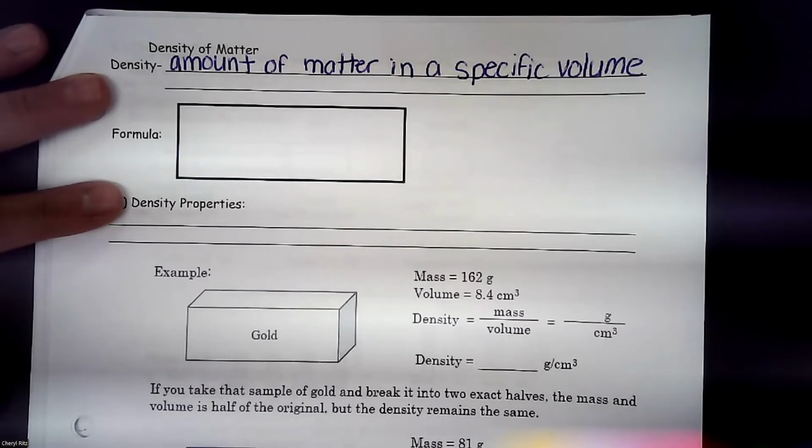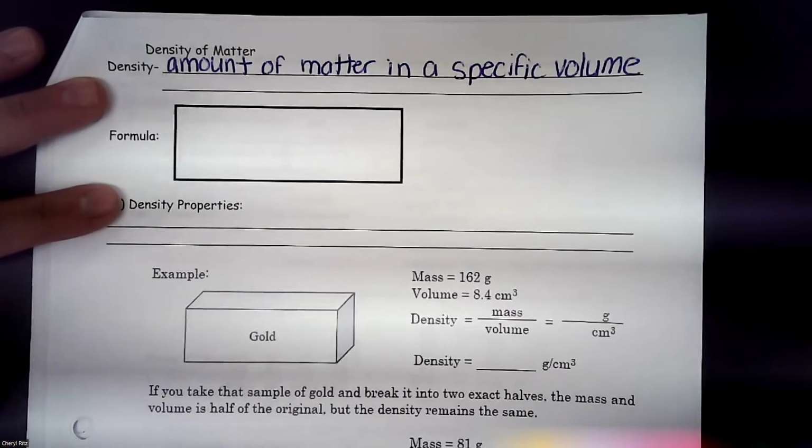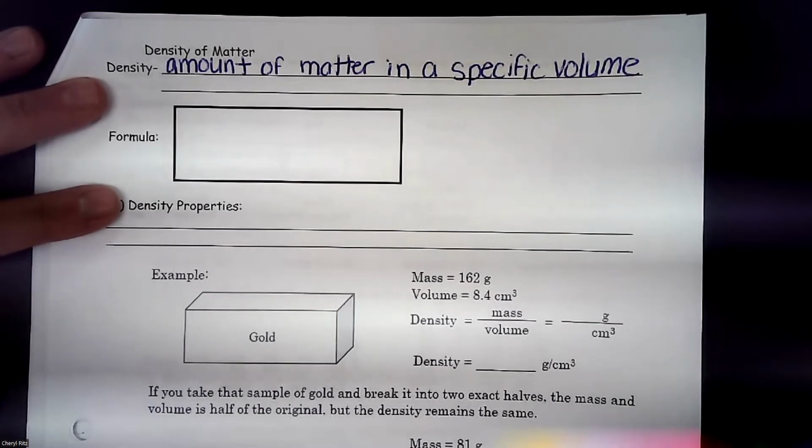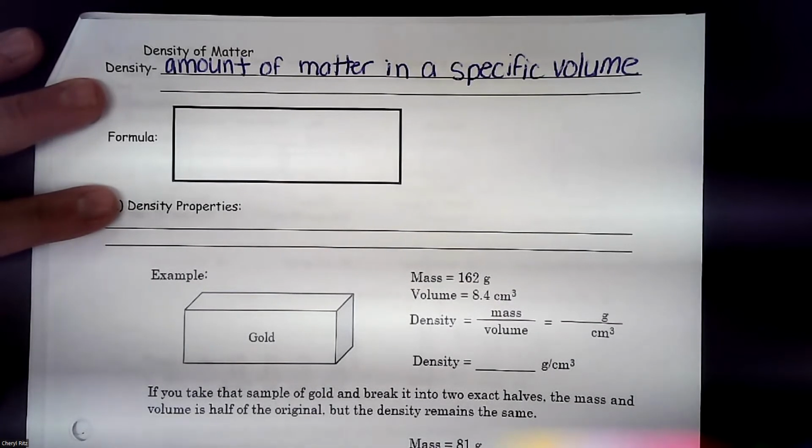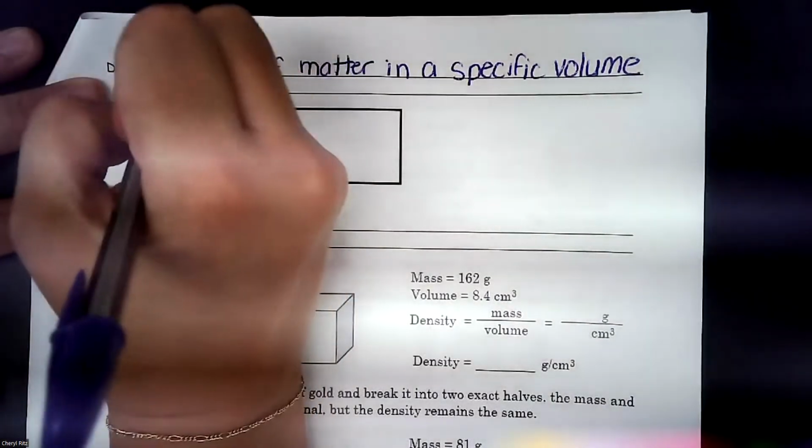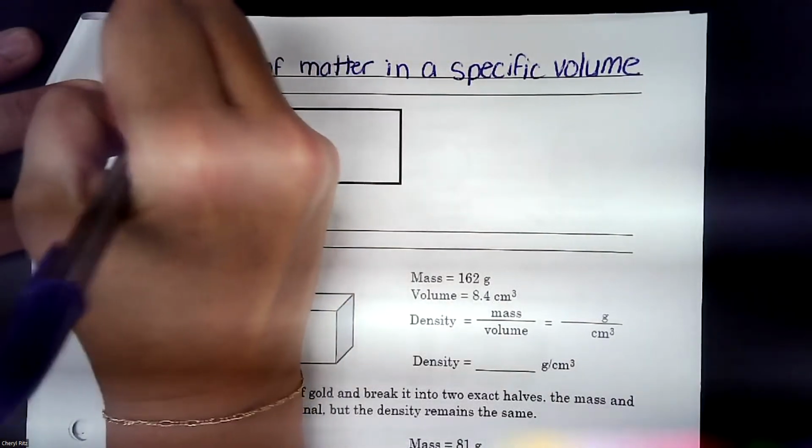But do you remember what volume is? So volume is the amount of space something takes up. So it's the amount of stuff in a specific amount of space. I like to think of this, here's the easy definition. I'm going to star it for you.